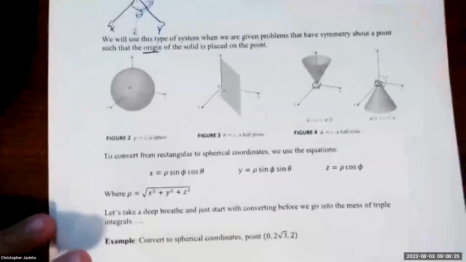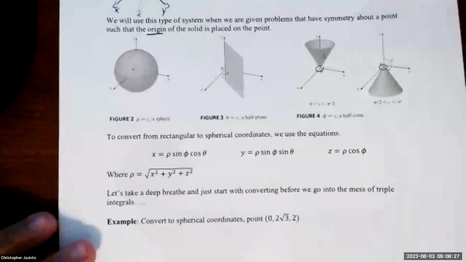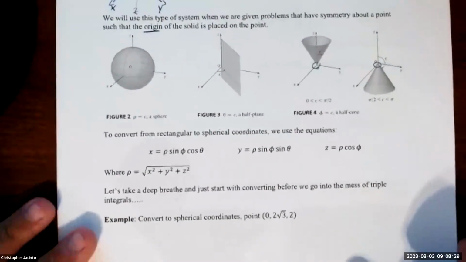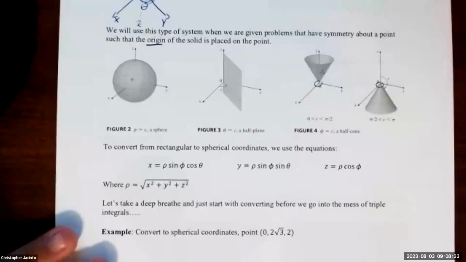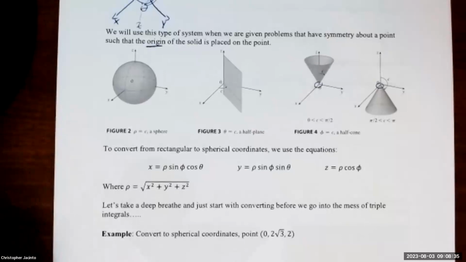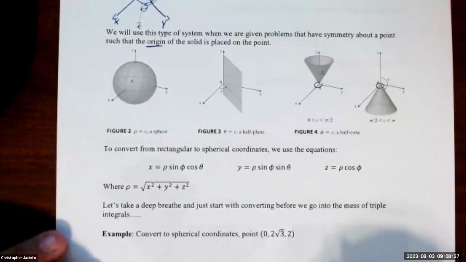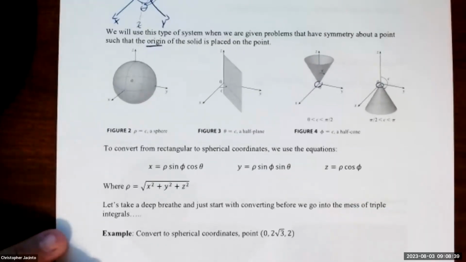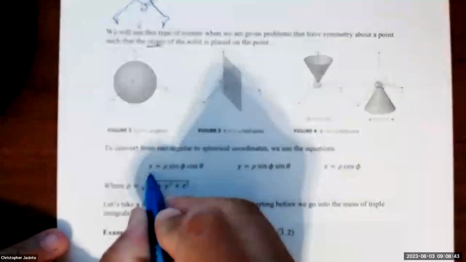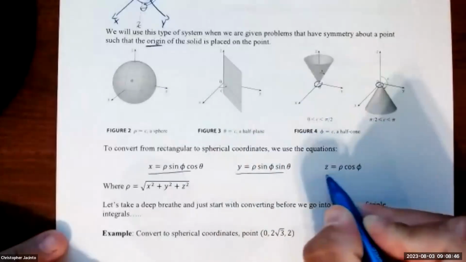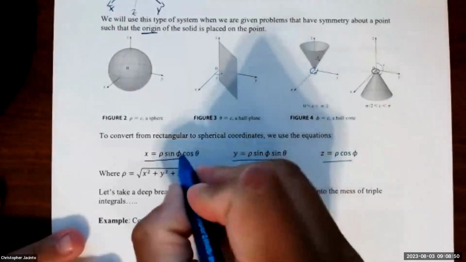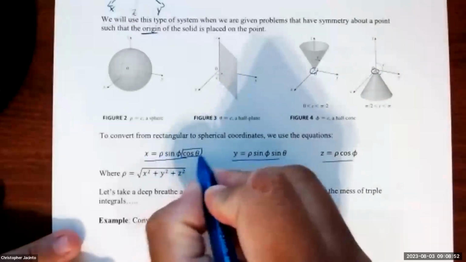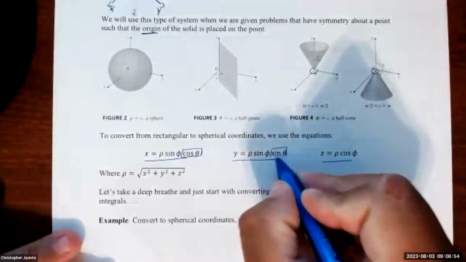Now, spherical coordinates can be pretty tricky because the way to convert is much, much more difficult to deal with. However, you can see the remnants of the polar coordinates. So to convert from XYZ to rho, theta, and phi, we have these conversions right here. So as you can see, we see the cosine from the polar.